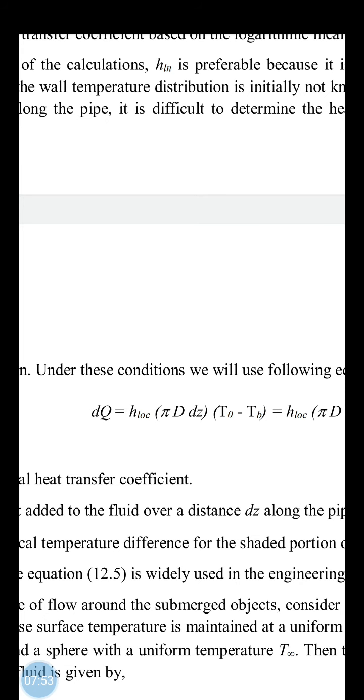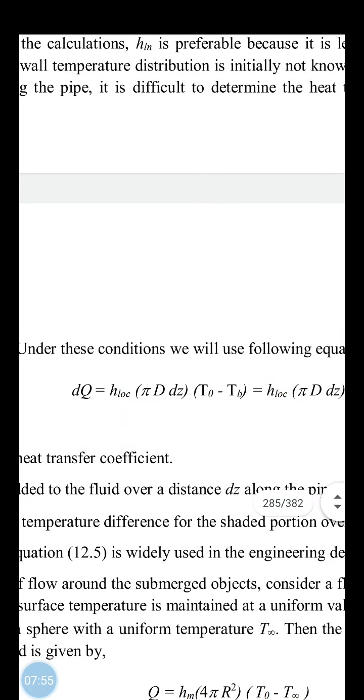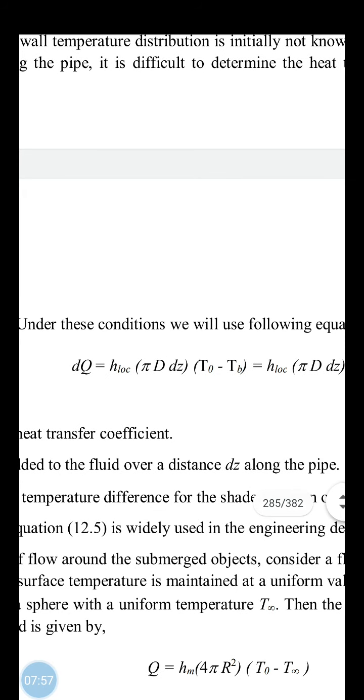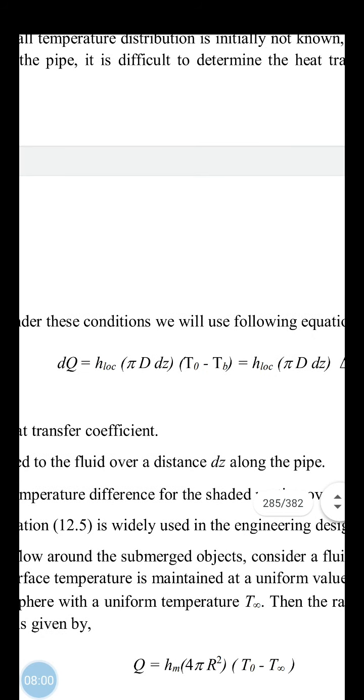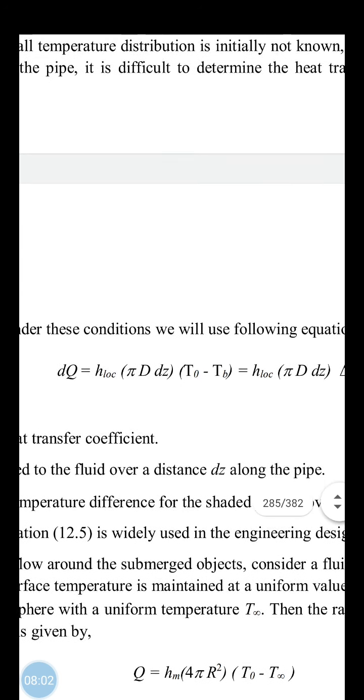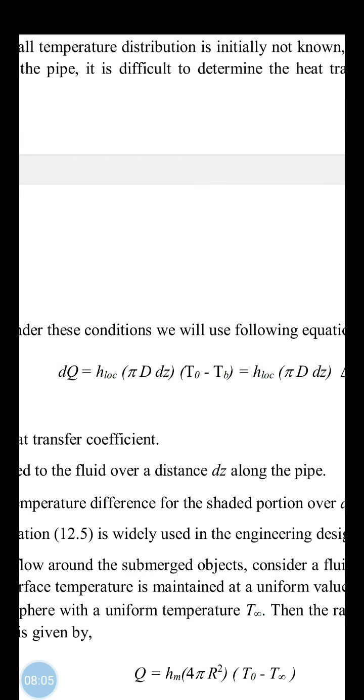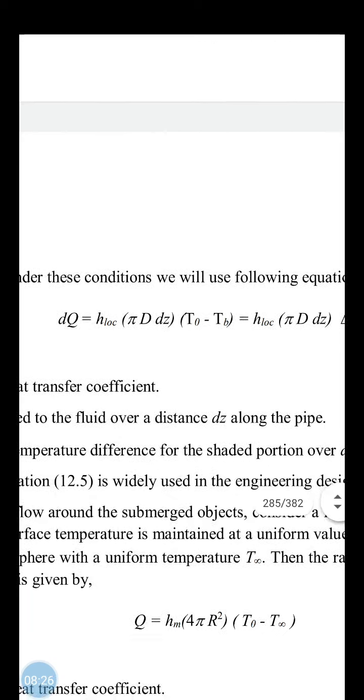So in this case, this equation can also be used to find the differential rate of heat flow: dq is equal to h local, that is the local heat transfer coefficient, times pi d dz, times T naught minus T B. So this is called the local heat transfer coefficient, h local. dq is the heat added to the fluid over the distance dz along the pipe, and delta T local is the local temperature difference.